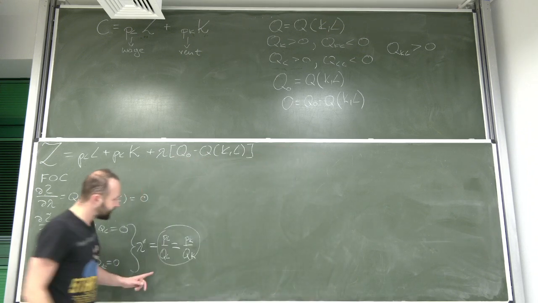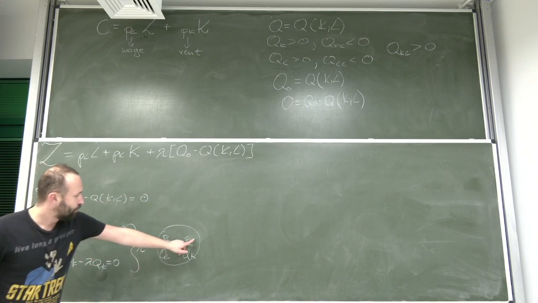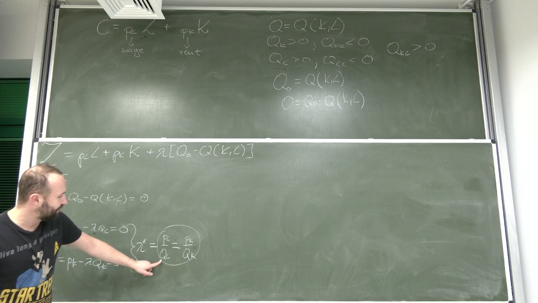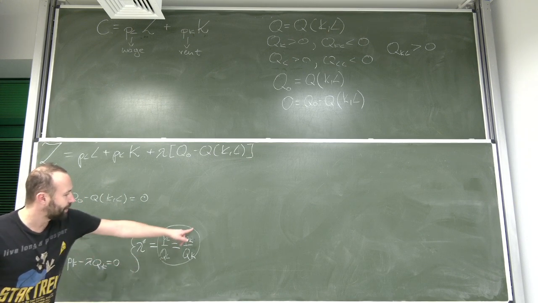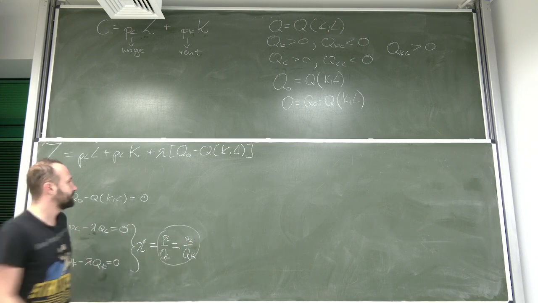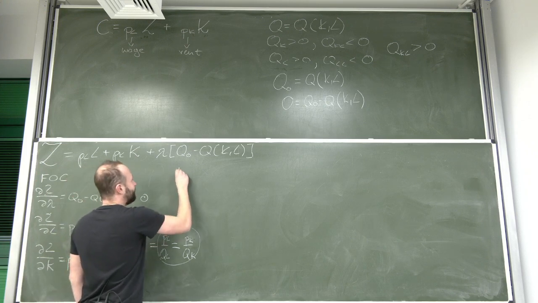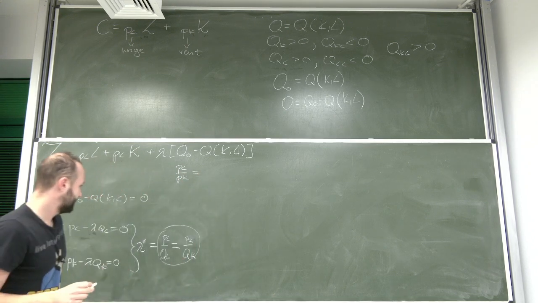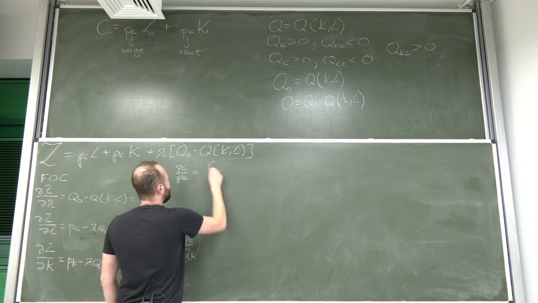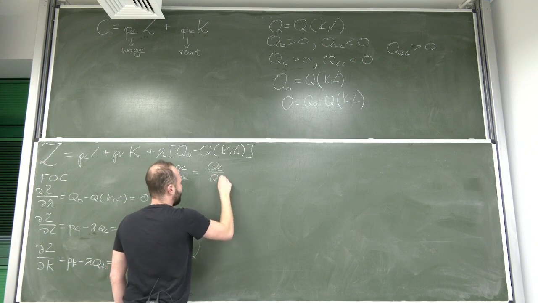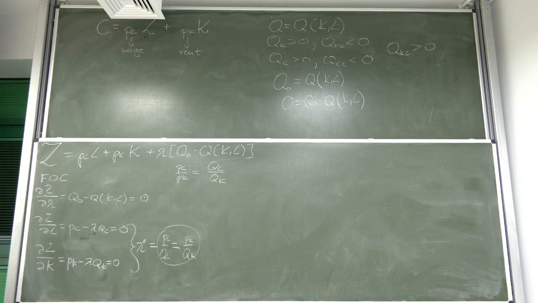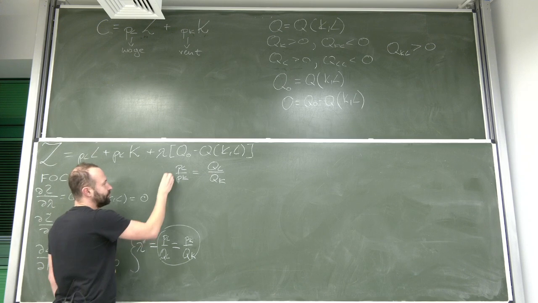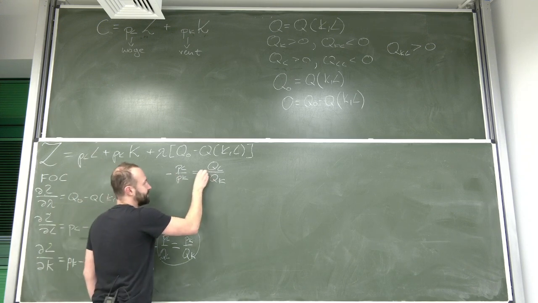What I'm going to do is divide both sides by PK and multiply by QL. So we will have PL over PK, and this is going to be QL over QK. Right, and then the one last thing I'm going to do is put minuses over here.